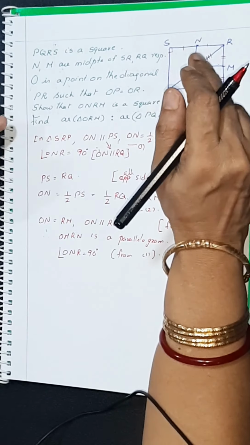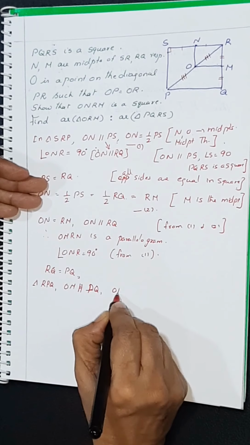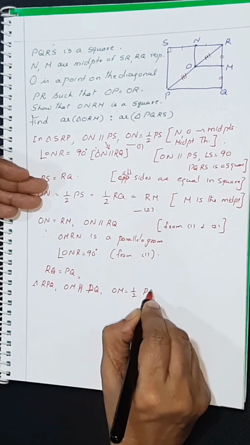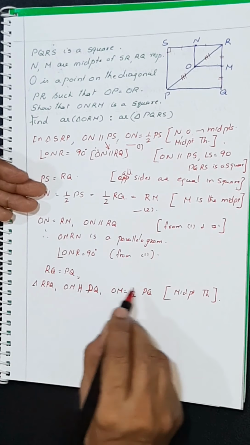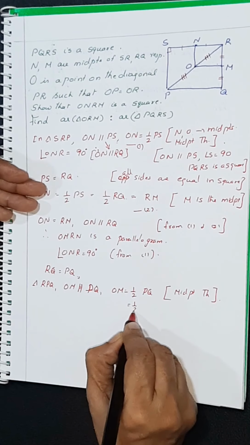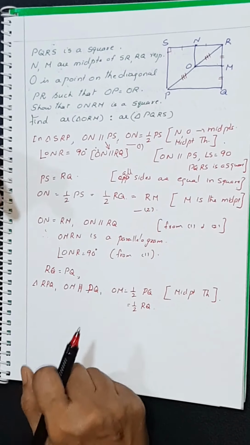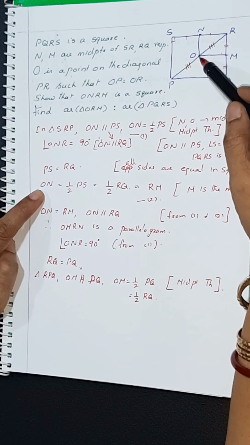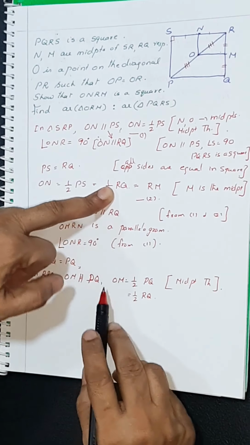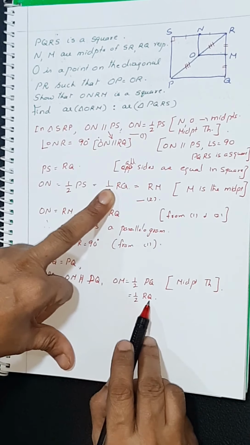OM is parallel to PQ and OM is equal to half of PQ, midpoint theorem. Now PQ is equal to RQ, so OM is equal to half of RQ. We already got ON is equal to half of RQ.